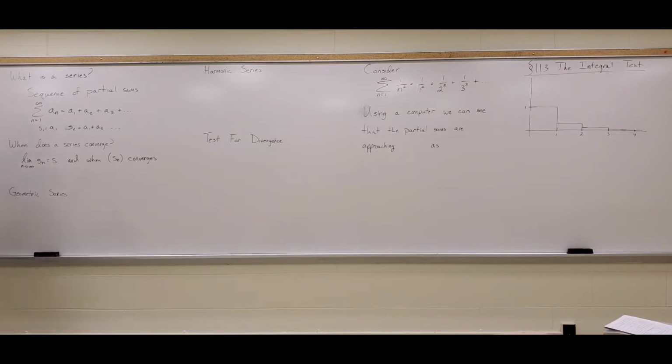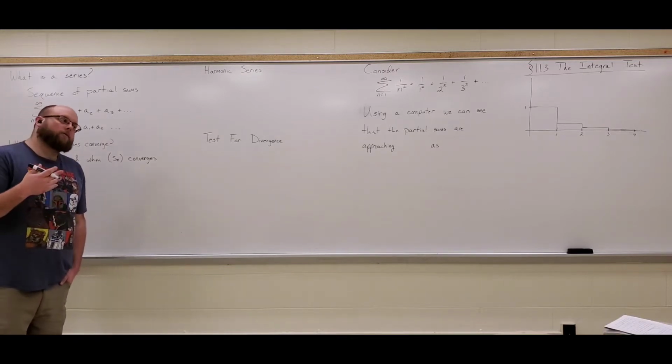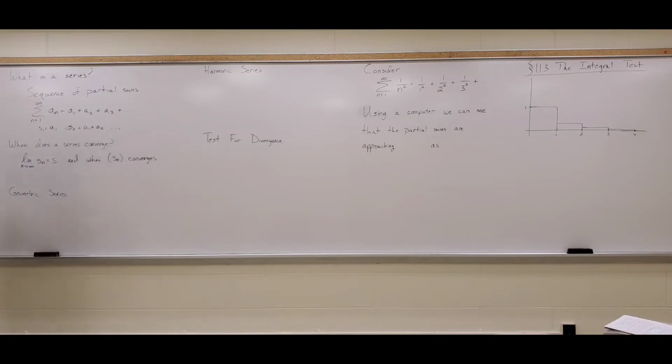What are some known series that we've talked about? There's only been a couple. The geometric series is first, and we have a couple of different forms depending on where our index starts. If our index starts at 1, we are in the form a r to the n minus 1. If it starts at 0, it's of the form a r to the n.